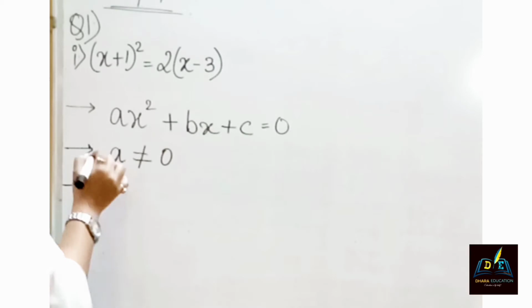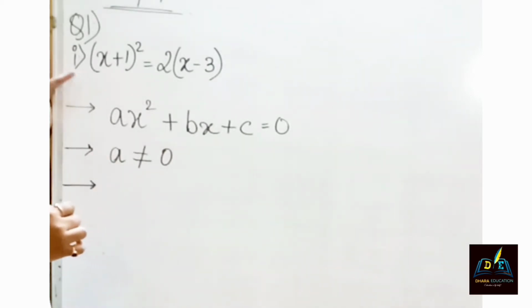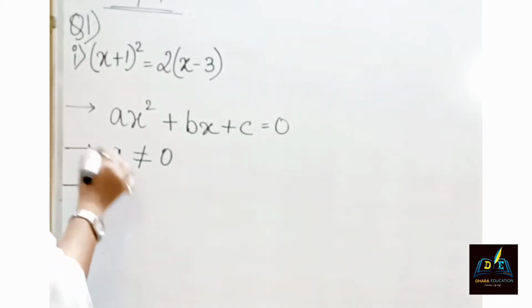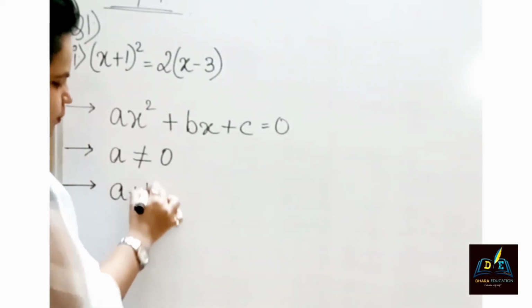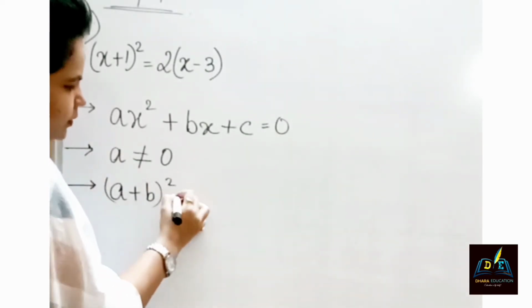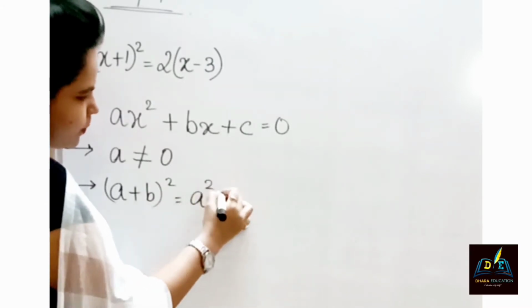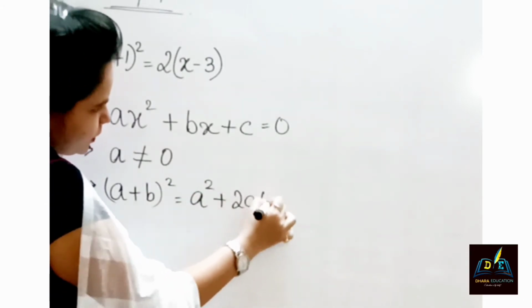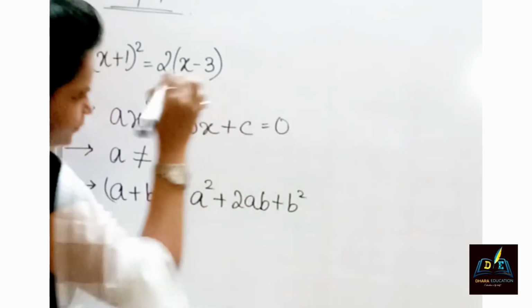And to solve this kind of equation, you need to use the formula (a plus b) the whole square is equal to a square plus 2ab plus b square.